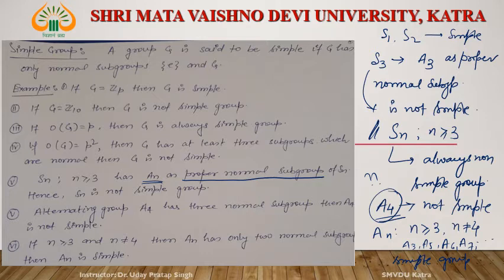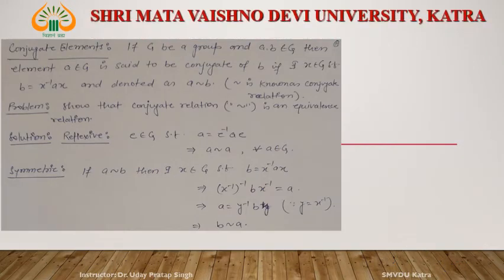Okay, now see what a conjugate element is. In a group, any two elements may be conjugate. Suppose G is a group and a, b belong to G. Then a is said to be conjugate of b, or vice versa.